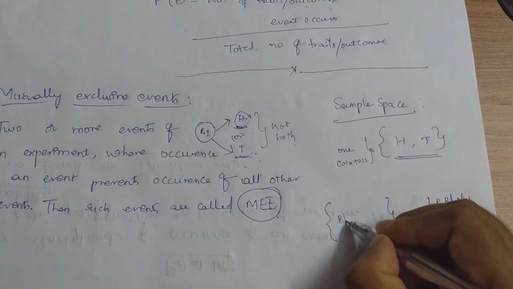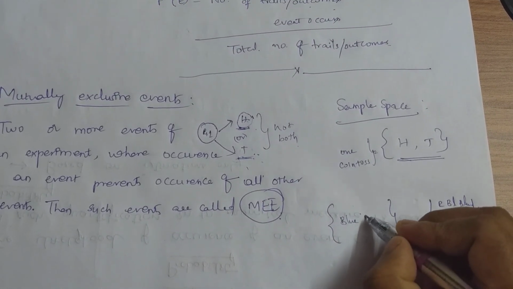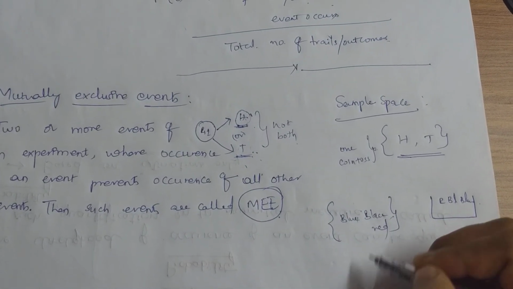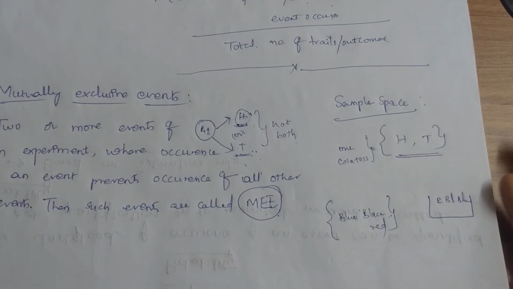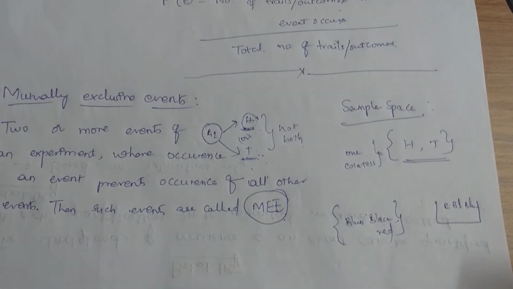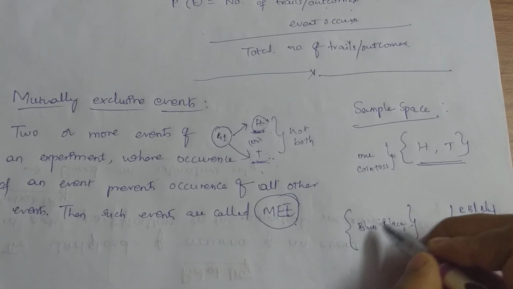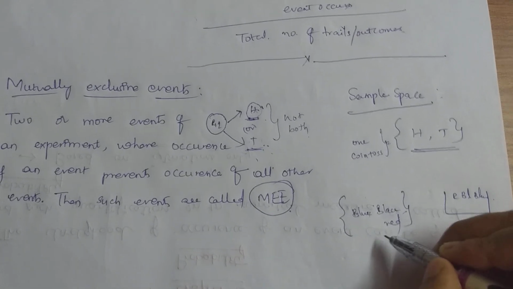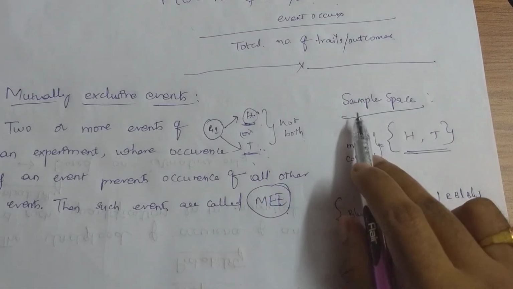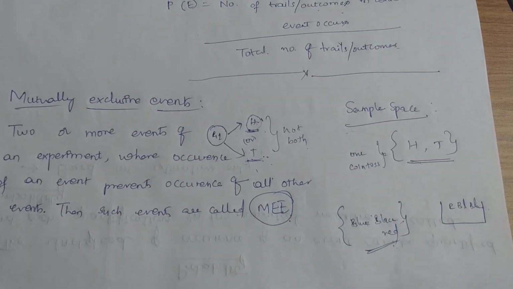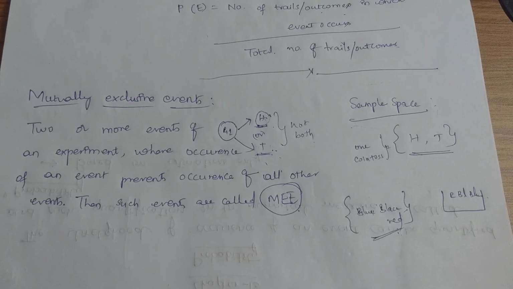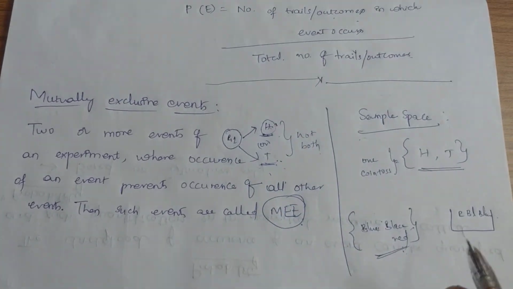You will get either black, blue or red. So what will be the total number of outcomes? Only 3. So these 3 are called the sample space. The set of possible outcomes is called a sample space. This is one concept.